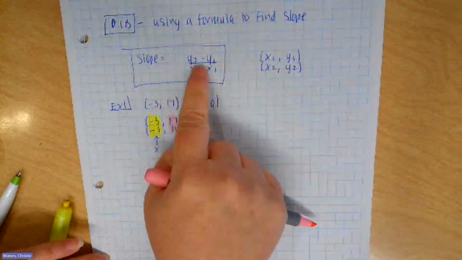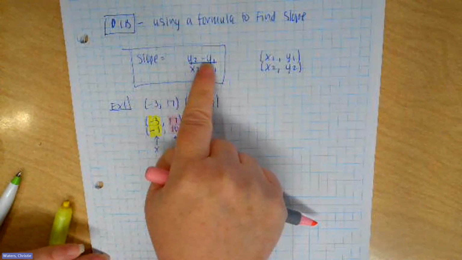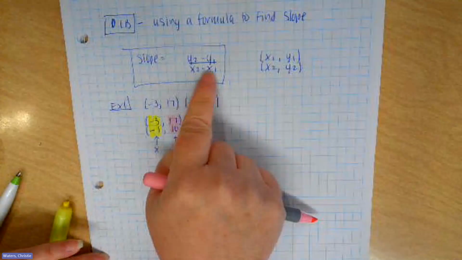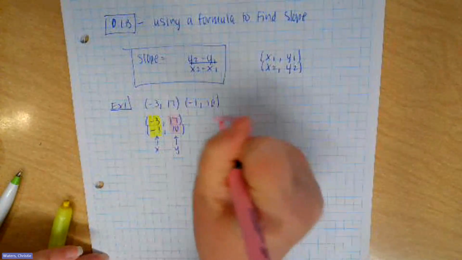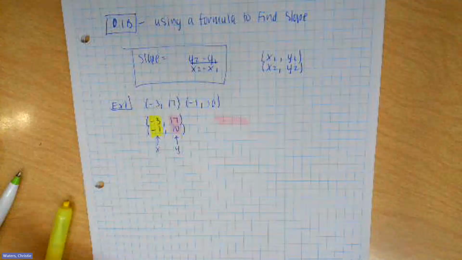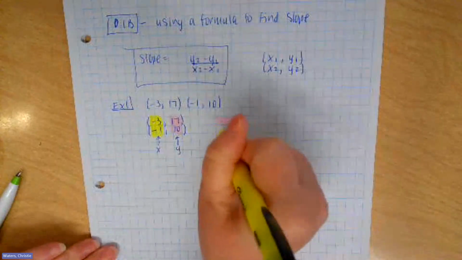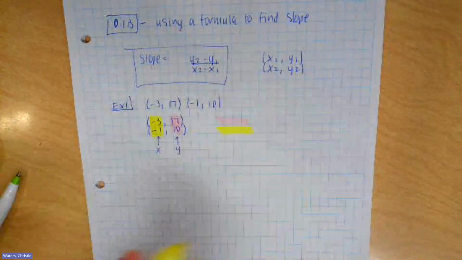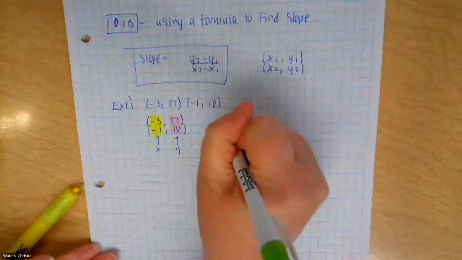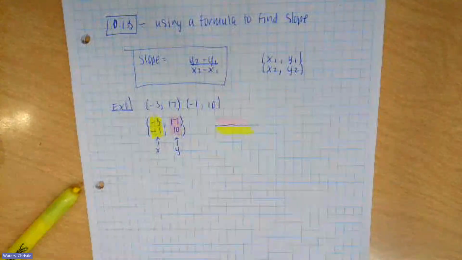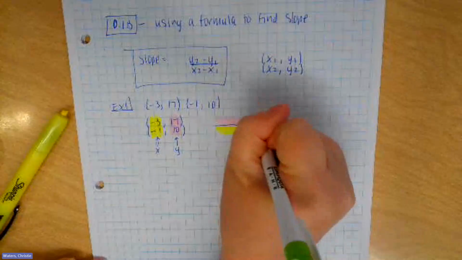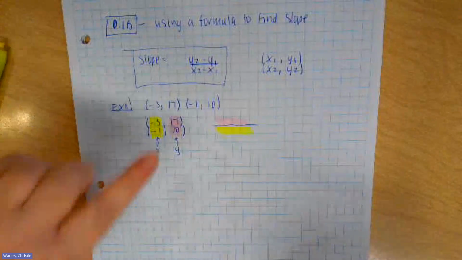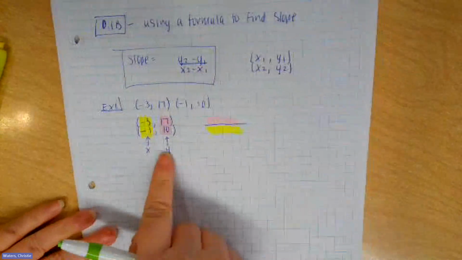Now, when we look at our formula, we subtract the y's in the numerator of the fraction and we subtract the x's in the denominator. So I'm just going to put the same color highlighter pink where my numerator is going to go, and I'm going to put yellow where the denominator is going to go. All right. So our formula says that we are to subtract the y's and subtract the x's. y2 minus y1.